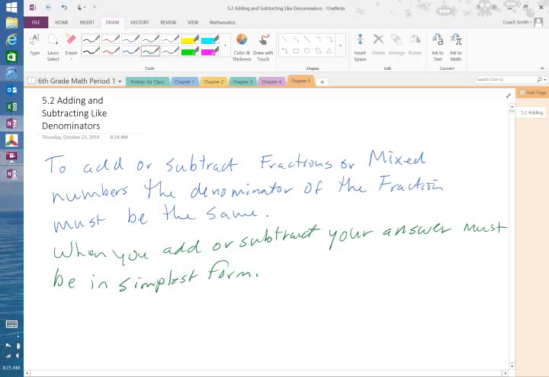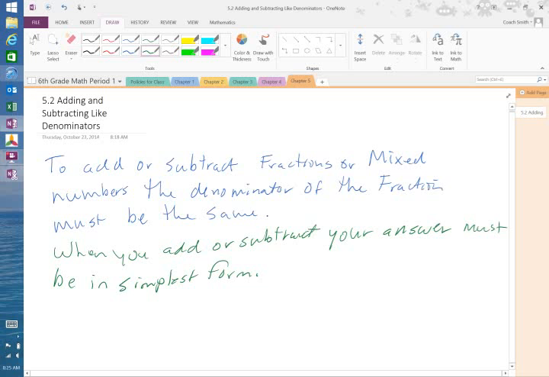Some of you didn't do as well on the test that we took last week because you didn't do that. For example, one of the problems on the test was 0.8, and it tells you to make it as a fraction in simplest form.